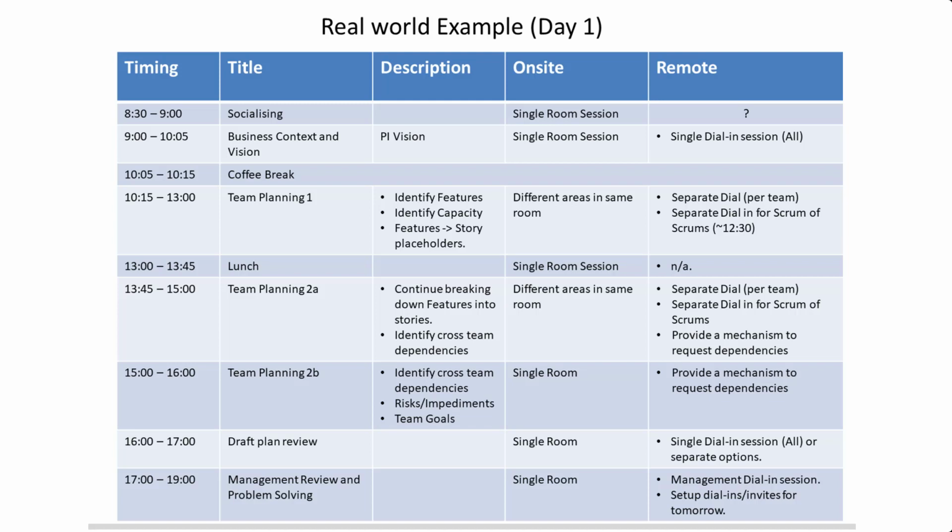And also what you will see over here is that the timings are slightly later. There's a socializing element in there, which I think is really important when we start off between 8:30 to 9 o'clock. And again, we have similar to what we had in the previous agenda from SAFe.